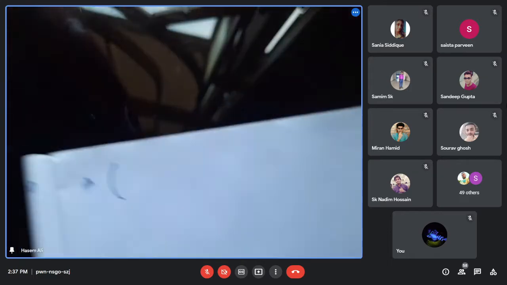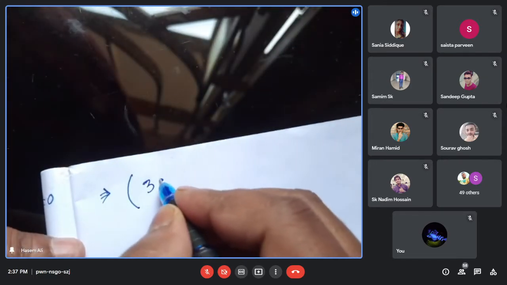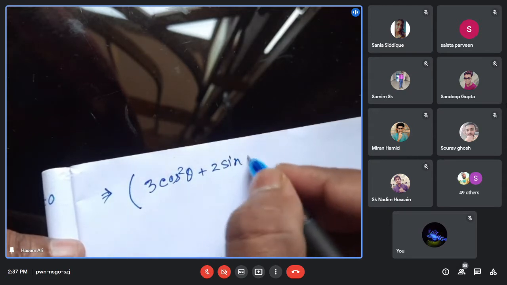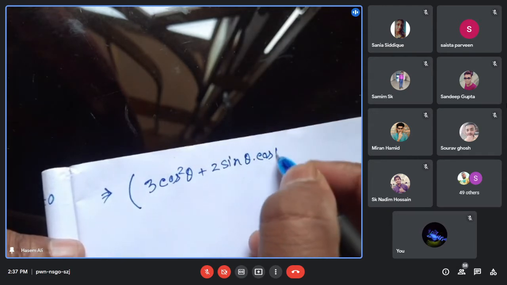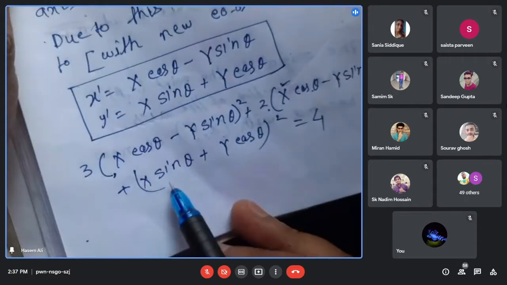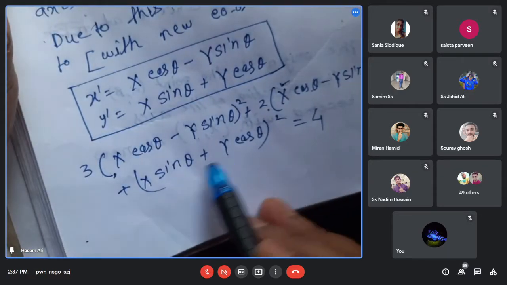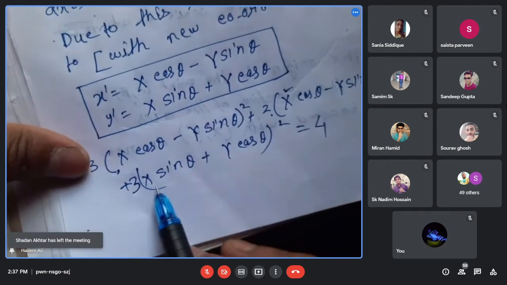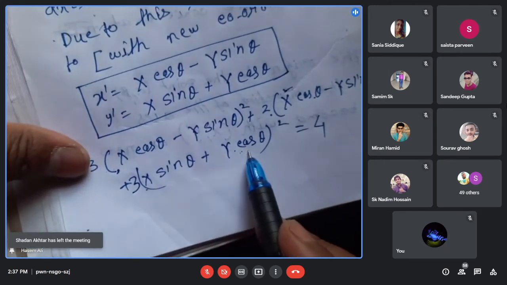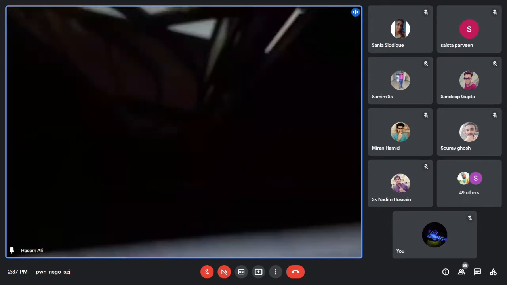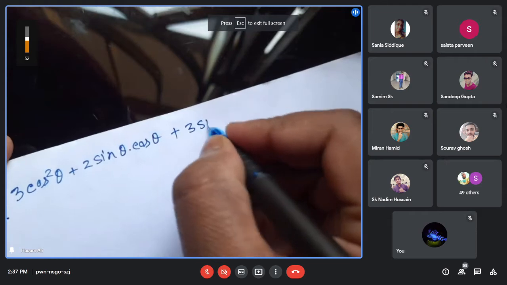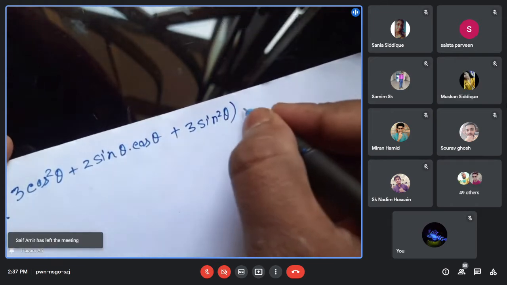So the first term 3 cos square theta plus 2 sin theta cos theta, and from this 3 sin square theta, into x square.